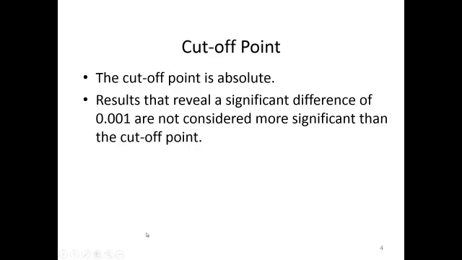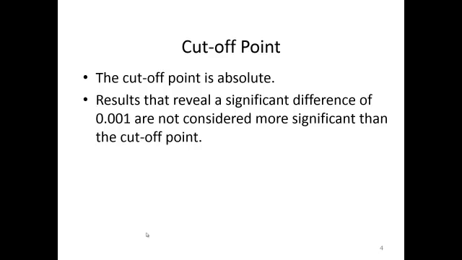The cutoff point is absolute, meaning the PI, or principal investigator, makes that cutoff of 0.05. So when they look at their data, anything that's 0.0501 would not be considered statistically significant.